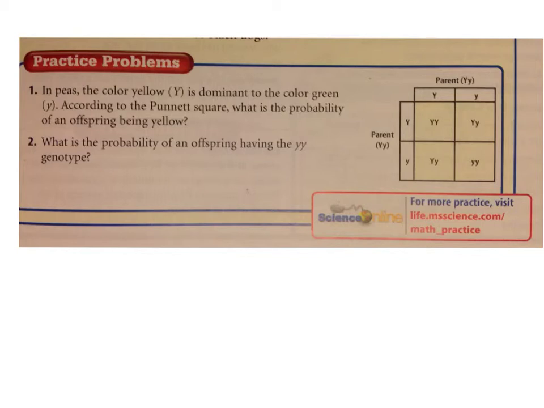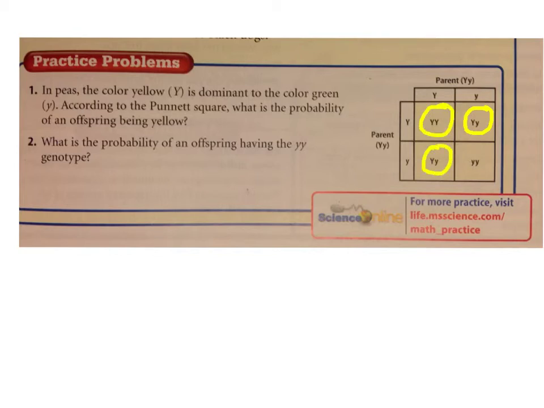This is a practice problem from our textbook. So in peas, the yellow colour, determined by big Y, is dominant to the colour green, which is determined by the small y. So according to this Punnett square, what is the probability of an offspring being yellow? Well, we can see that the ones which are yellow have the big Y dominant allele.